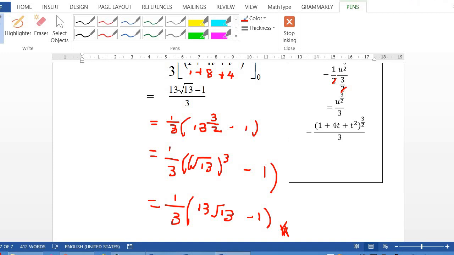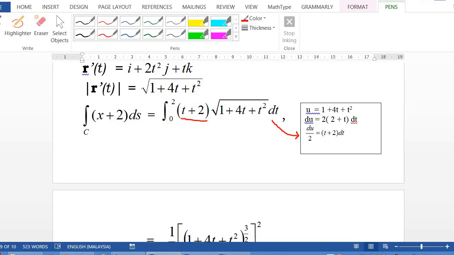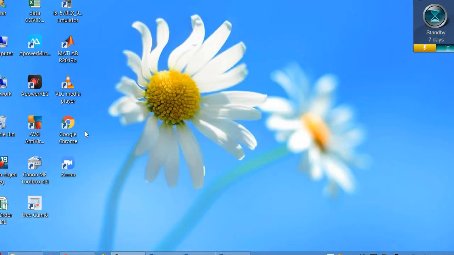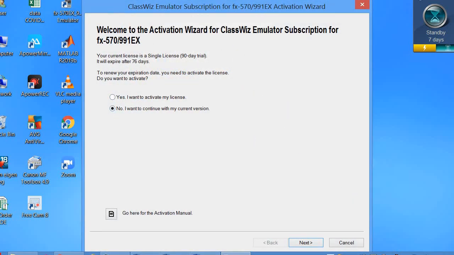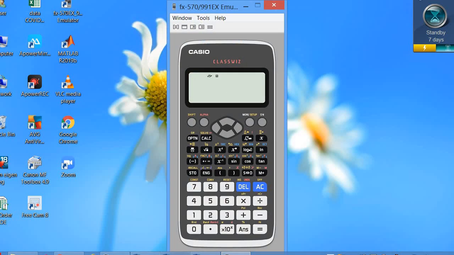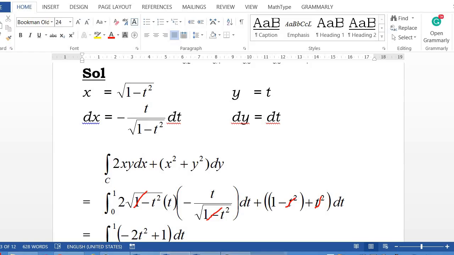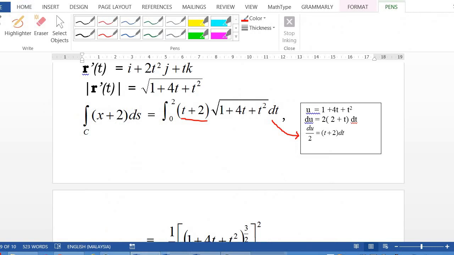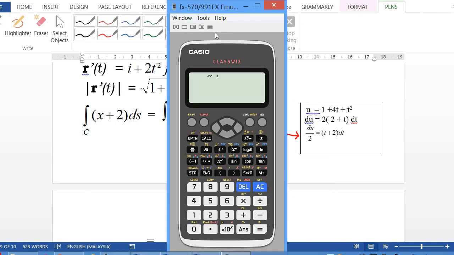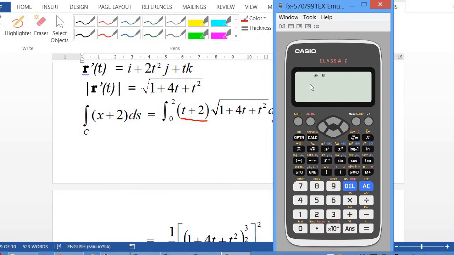Okay, and then I'm not sure whether you can try to use your scientific calculator to, okay, finding my scientific calculator. Okay, you can have a try, this integral using your scientific calculator. Of course, on the scientific calculator, the t you have to change to x.